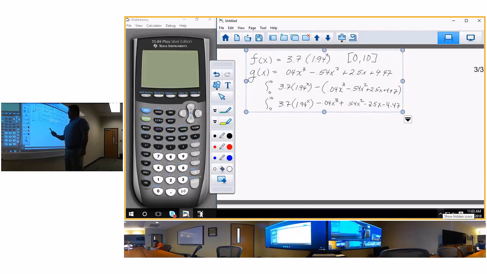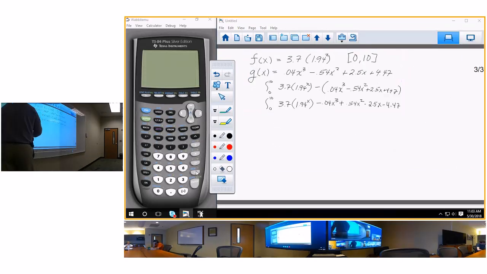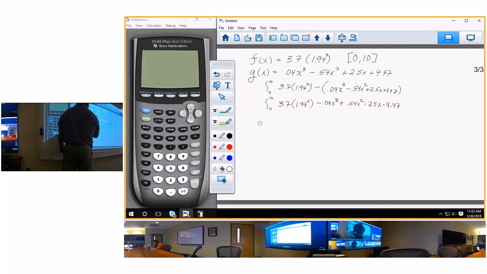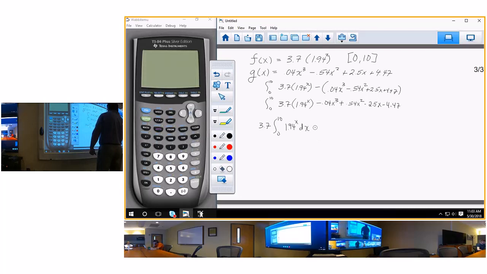So, even though it's a little bit tedious, I'm going to say 3.7 antiderivative from 0 to 10 of 1.94 to the x dx. Okay? Minus 0.04 antiderivative of x to the third dx.